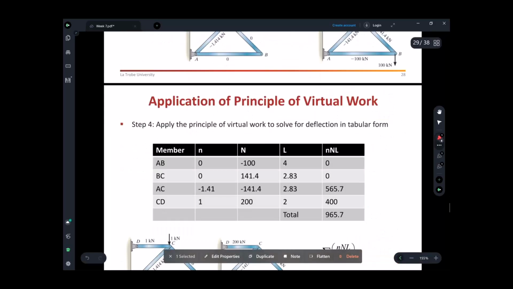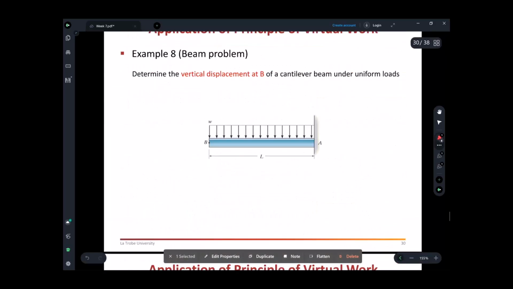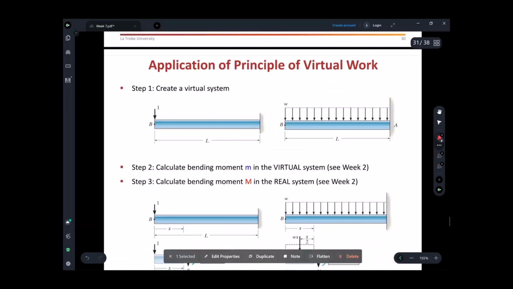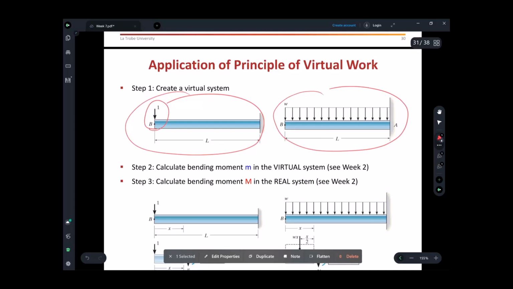Now to complete this example, complete these workshops, let me walk you through another examples. I hope you understand all this one. For the beam it is the same thing, that you want to find the vertical displacements at point B. What you do, you put the virtual system, vertical load, and the real system.